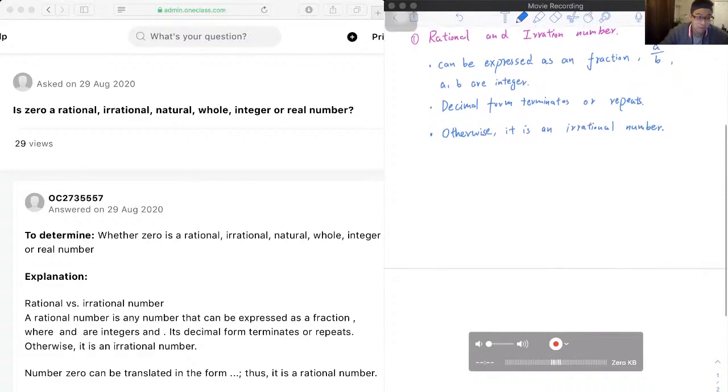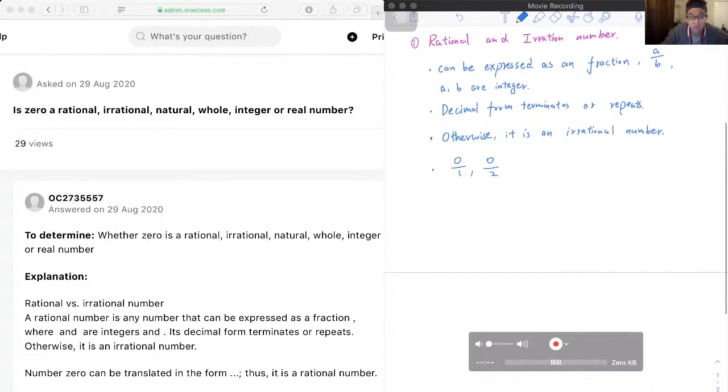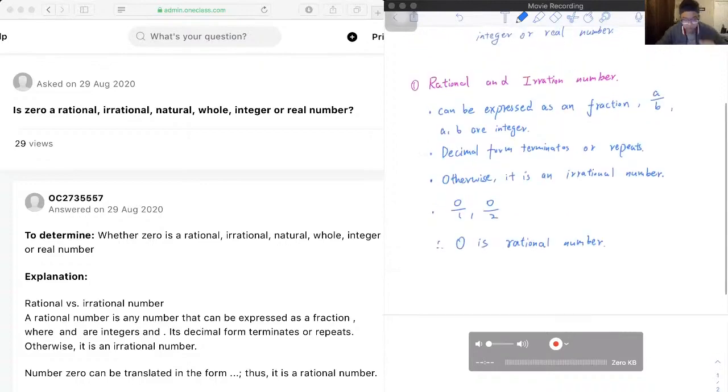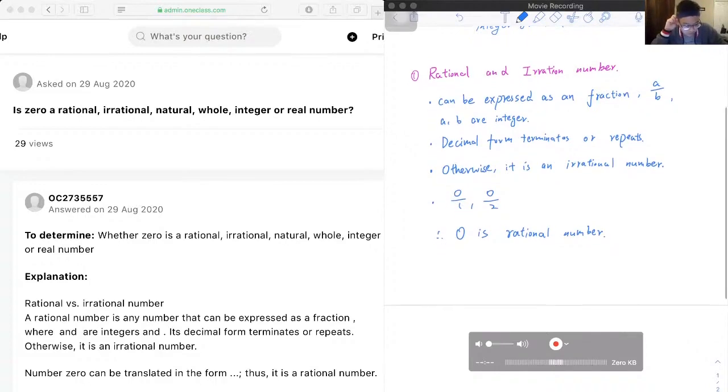So we know that the number 0 can be written in the form n over 1 or n over 2. So we can represent it as a fraction in the form a over b. So 0 is a rational number. Because rational and irrational numbers are mutually exclusive, there is no number that can be both.